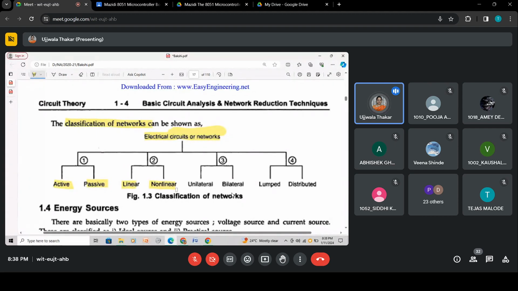Lumped and distributed: where the parameters are separable or cannot be physically separated. You should be able to classify networks and explain each with an example. That is what is required. Our first 5 or 6 marks question is like this, which may come in your semester examination.